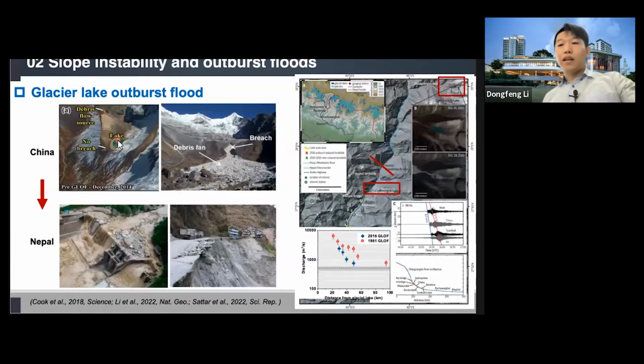It flowed into the glacial lake, caused the failure of this moraine dam, and triggered the downstream flooding. The magnitude of the outburst flood is 5 to 10 times higher than the typical monsoon flood, so it is very destructive to downstream infrastructure, including the hydropower project, the roads, and the houses.